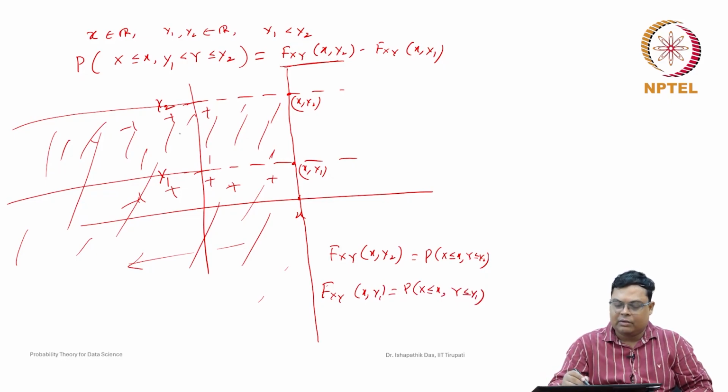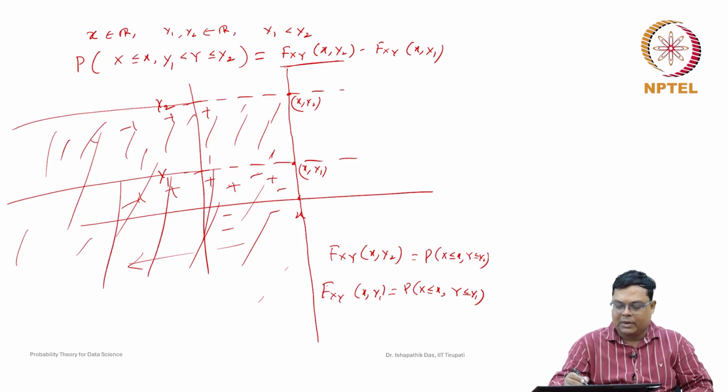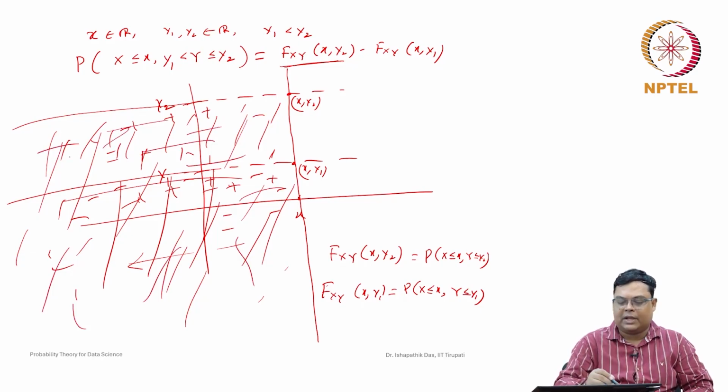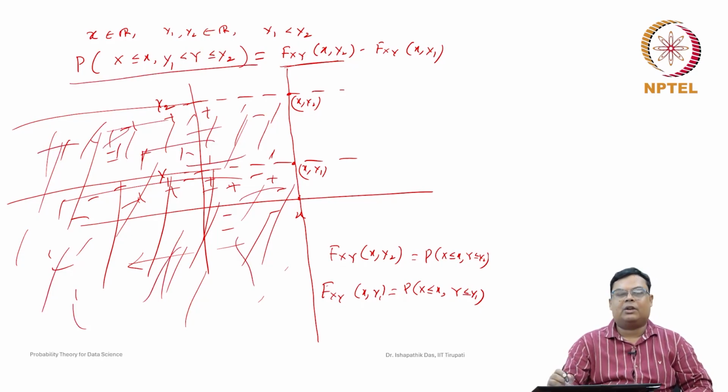So, this I am writing with a minus. So, if from the whole region you subtract that part, then we get this part. That is the probability that x less than or equal to x and y is between y1 and y2.